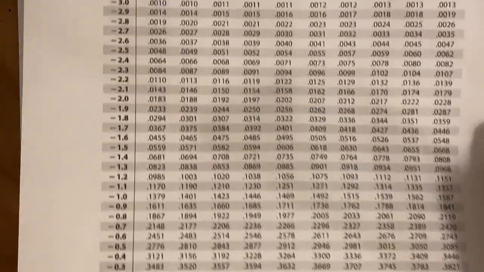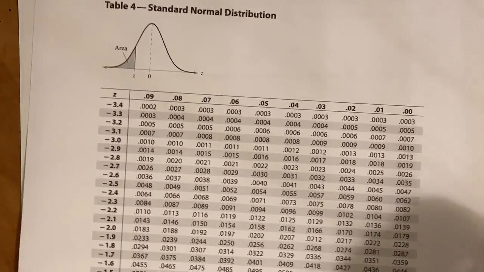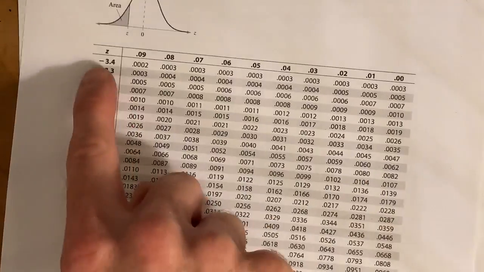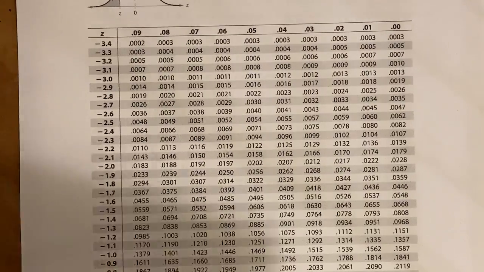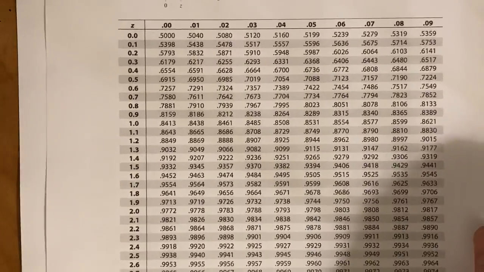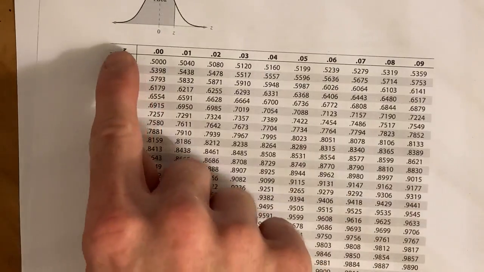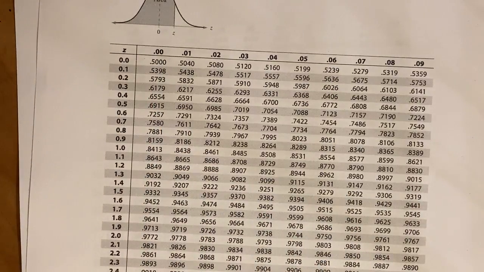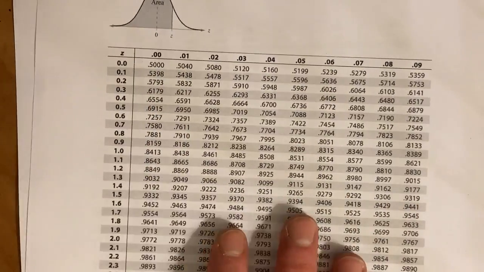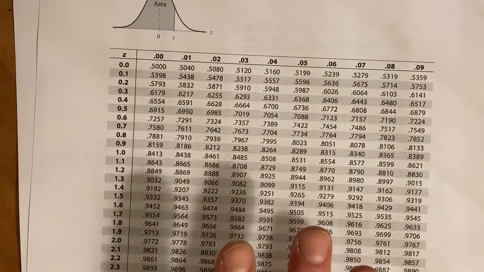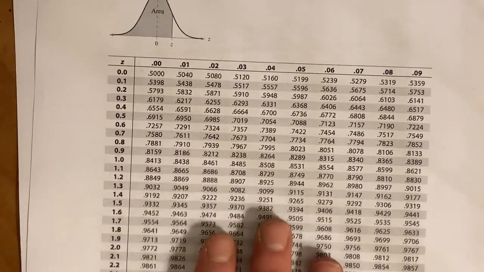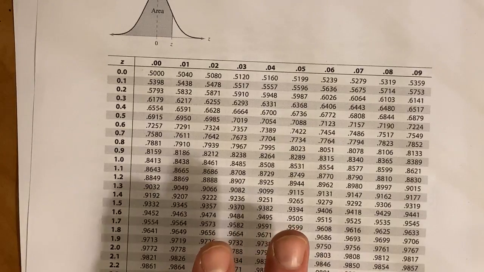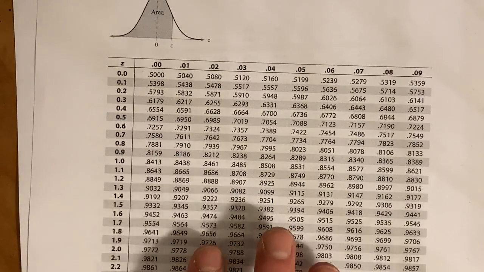It should look like a chart like this, where it has z with all these negative values going down the left-hand side, and then also another chart where you have z with all these positive values. Remove this, save this. We're going to keep using this chart essentially for the remainder of the entire semester. But in particular, we're going to use it frequently in this chapter.